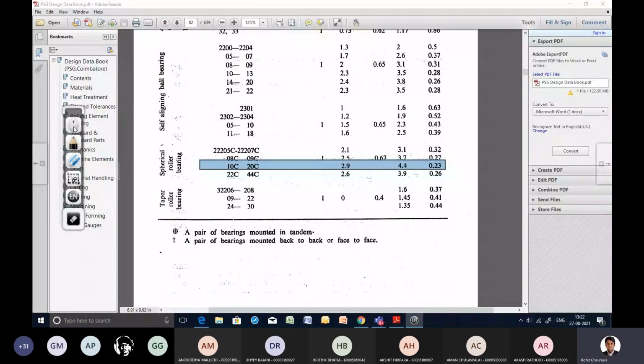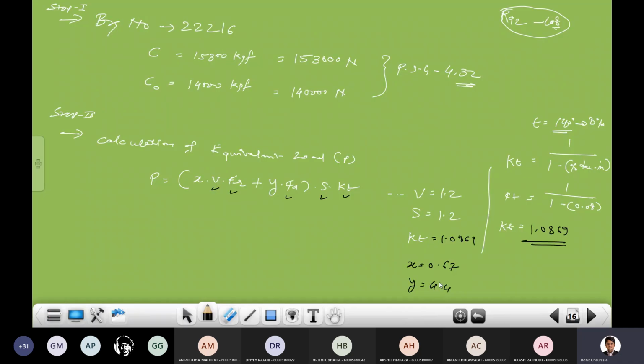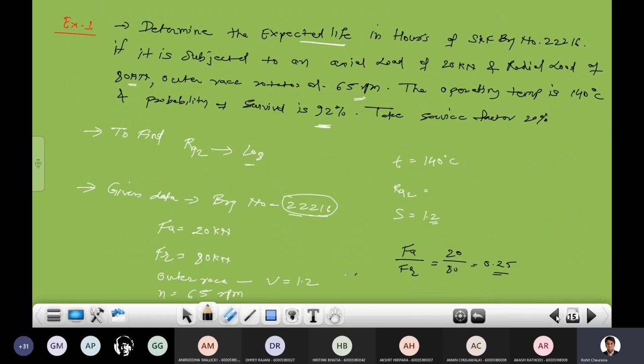Okay, now we need to go here and put the values. P is equal to X times... I am taking 0.67, V is 1.2. The load was in kilonewtons, but we have to calculate P in newtons because I already converted C into newtons.